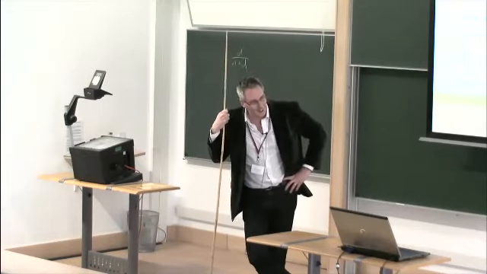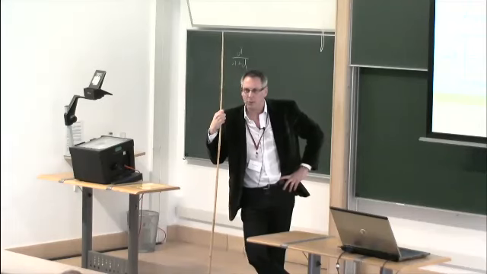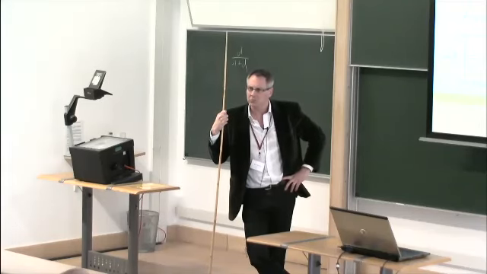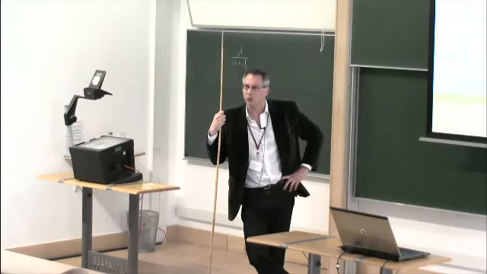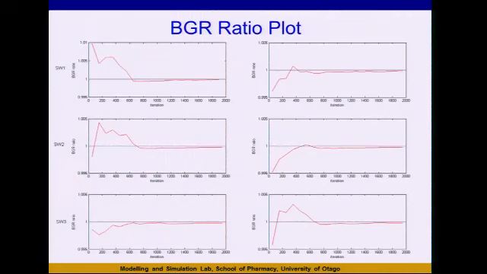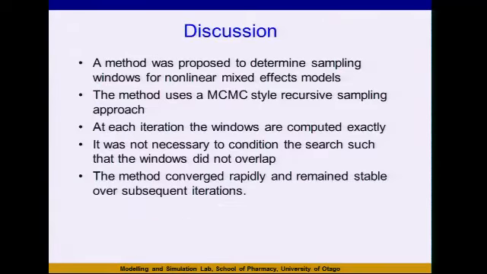Gelman, Rubin, and Brooks. Yes, they devised this method of determining convergence, and I apologise for not remembering. I have another slide on it, but I thought I wouldn't show it to you. When it goes to 1, it's converged as far as we're concerned.